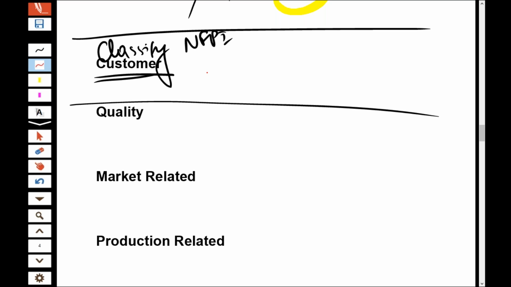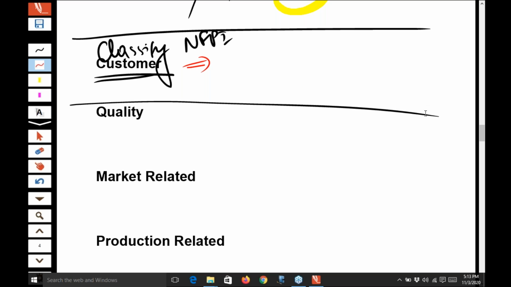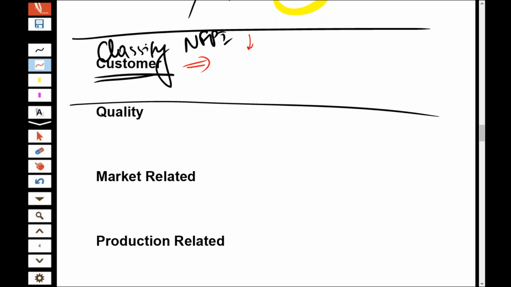So if I could get some inputs, some suggestions from you people about the customer. Okay, I've got the level of customer satisfaction. I've got the complaint ratio. Okay, repetitive customer, which is also known as retention ratio.